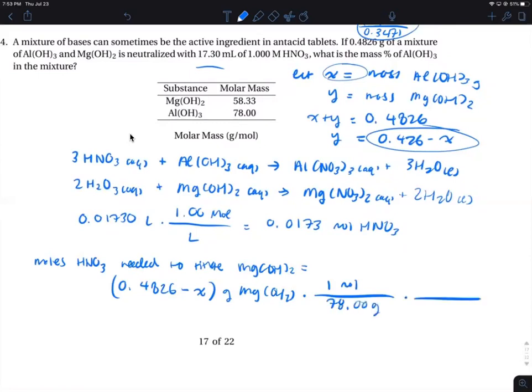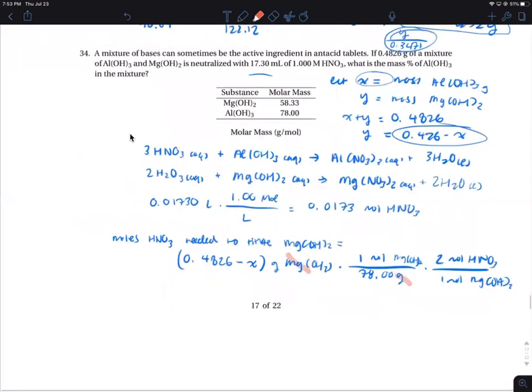And then we know the relationship between it and moles HNO3: for every 2 moles HNO3, it's 1 mole Mg(OH)2. So let's go ahead and cancel everything, and we get this expression.